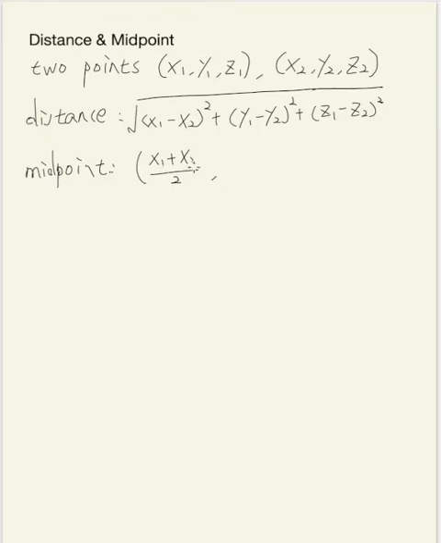So (x1 plus x2) over 2 is the average of the x coordinates of the 2 points, and the y value of the midpoint is the average of the y coordinates of the 2 points, and so on and so forth. So we get (y1 plus y2) over 2 and (z1 plus z2) over 2. Okay, a quick example. Suppose we have 2 points.